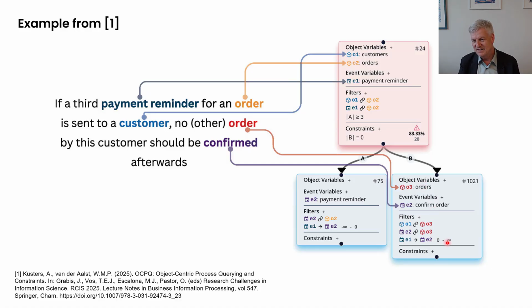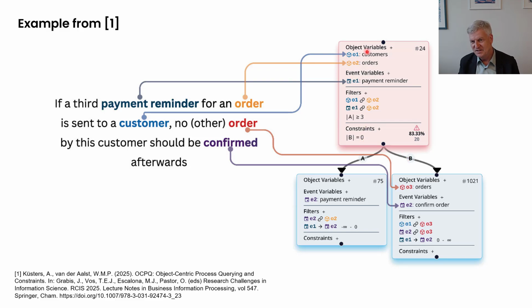And again here, E1 is followed by E2, and this should be 0 or larger. So here we are looking at events that are happening after the time of the payment reminder. Here we were looking at events before this last payment reminder. And now, this is what is undesirable. So now we write a constraint, b is equal to 0.